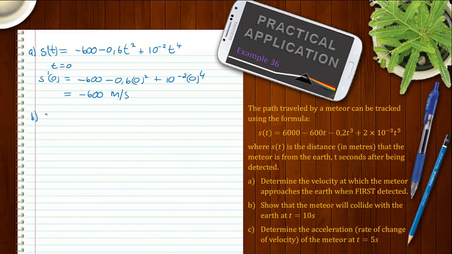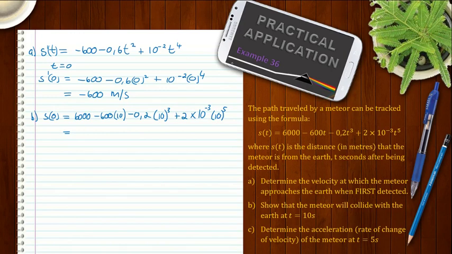We have s(10) equals 6,000 minus 600 times 10 minus 0.2 times 10 to the power of 3, and then plus 2 times 10 to the power of negative 3, times 10 to the power of 5.